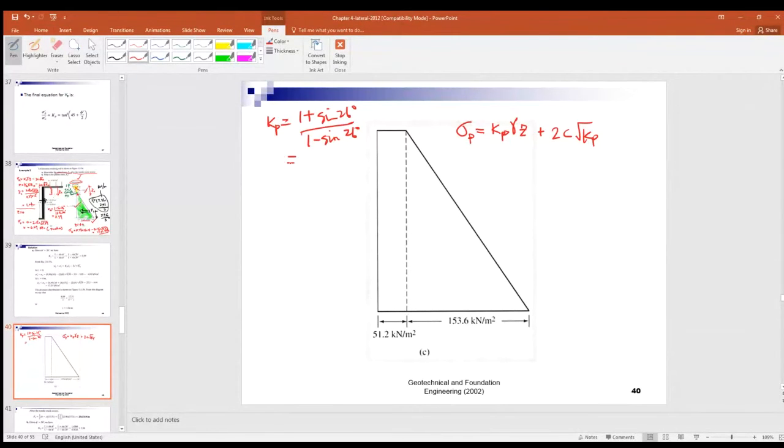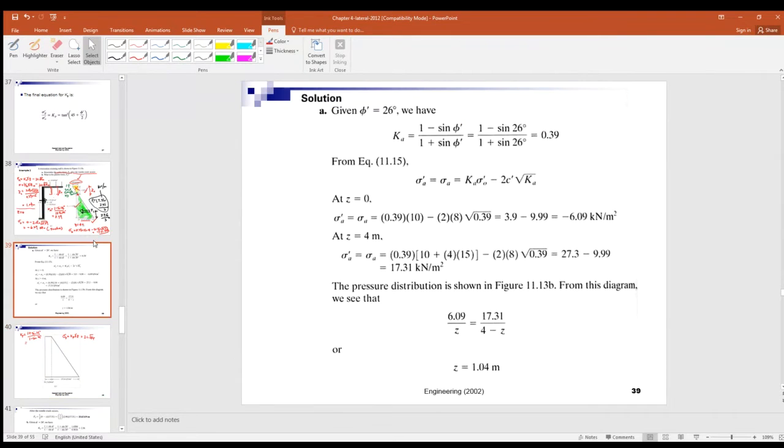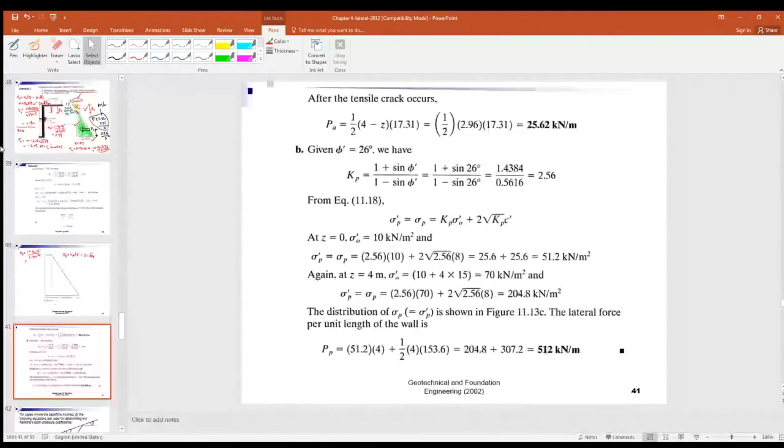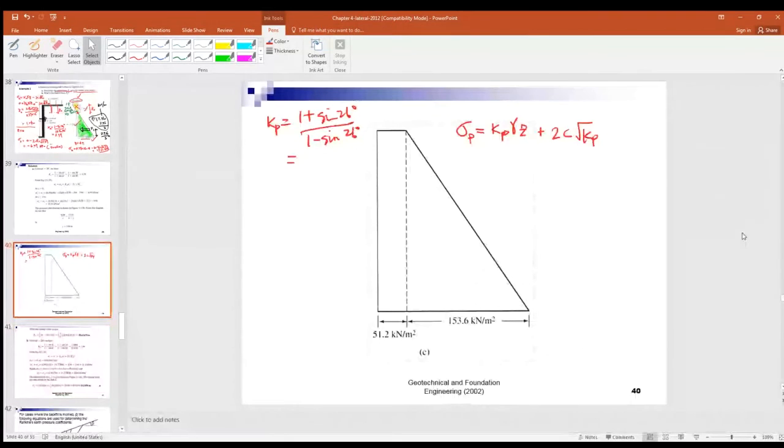Equals to what? 2.56, right? Here, 2.56, okay?